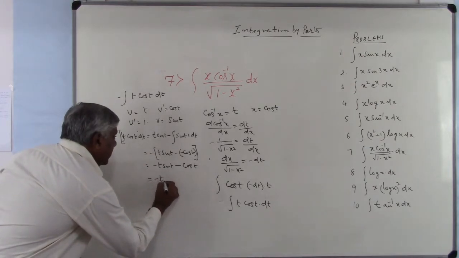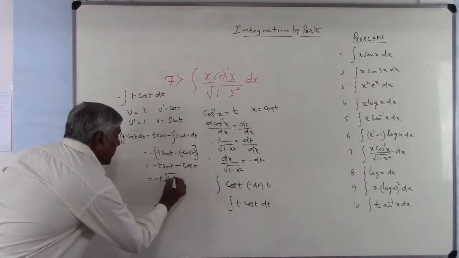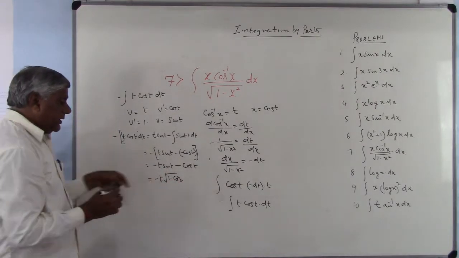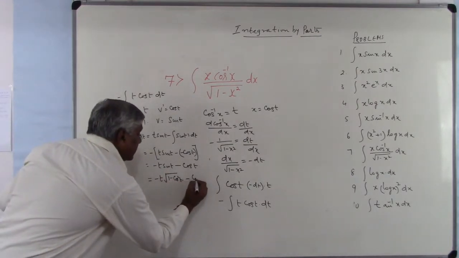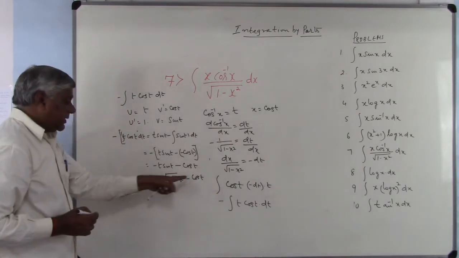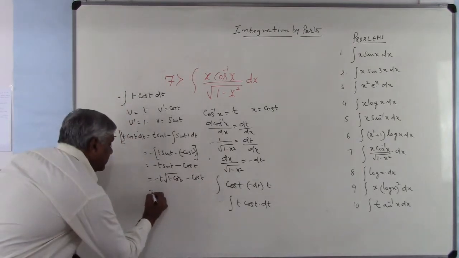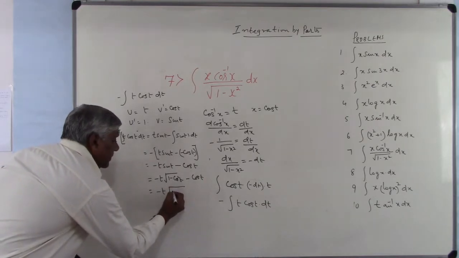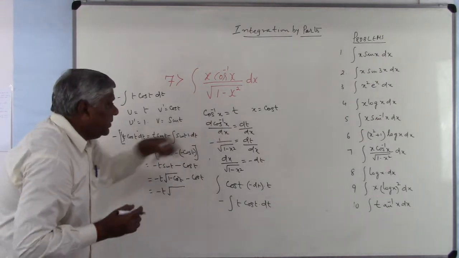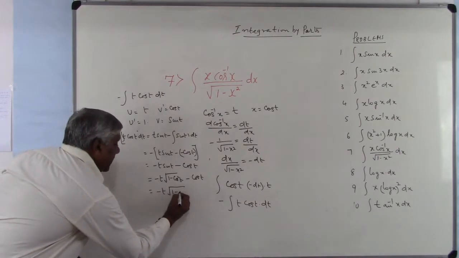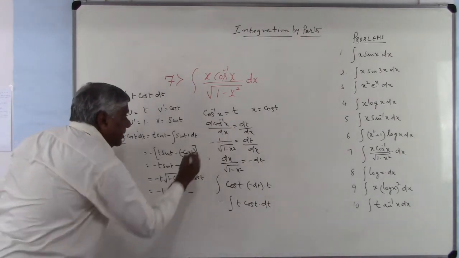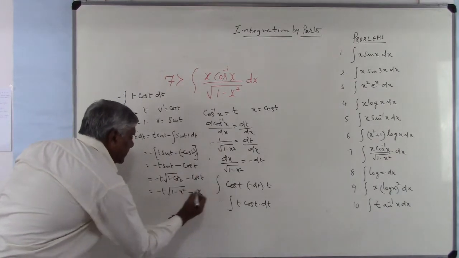Minus t root of 1 minus cos square t, I will write, sin t, minus cos t. Now minus t root of, cos t is equal to x, 1 minus x square, minus cos t is x.